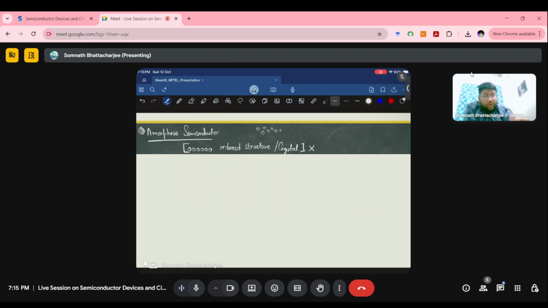There can be a very small section that is ordered, but over the large area it is completely disordered. So this is called the amorphous semiconductor, and this is happening mostly due to the low temperature processes and everything.